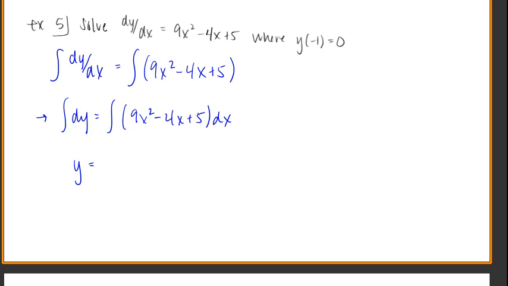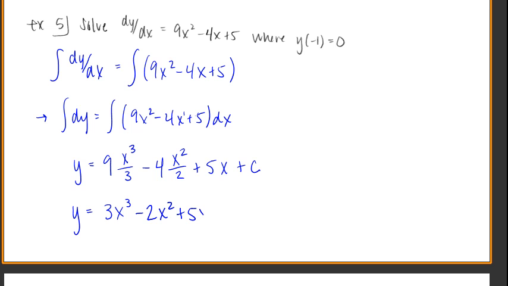So let's pull off the 9, x to the 2 over the new exponent, 2, minus 4, x to the 1 plus 1, which is 2, over its new exponent, and then plus 5x, and of course we always have to add plus c. So cleaning this up, we get y is equal to 3x cubed minus 2x squared plus 5x plus c.